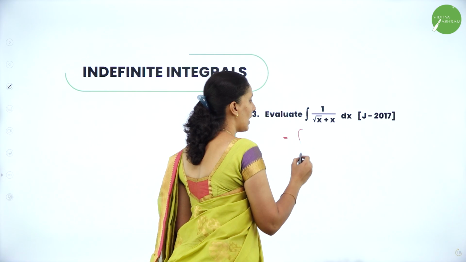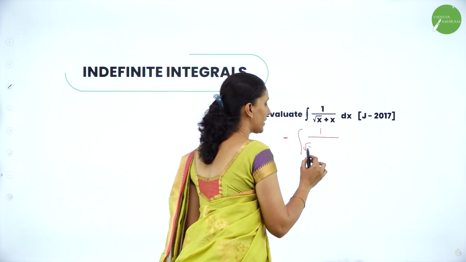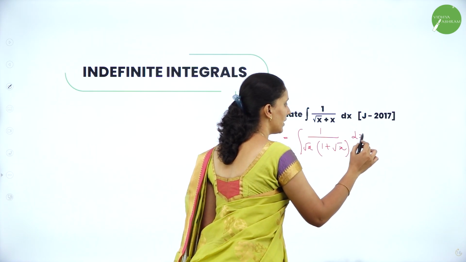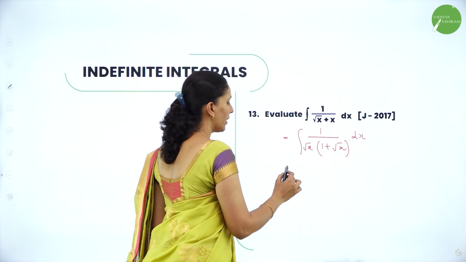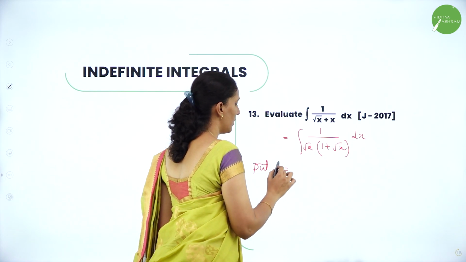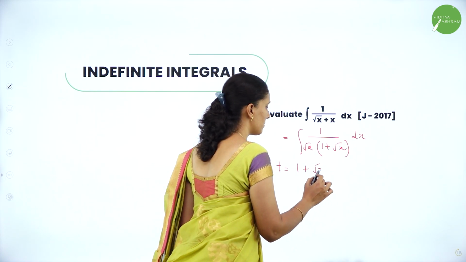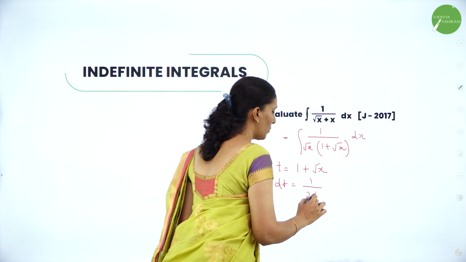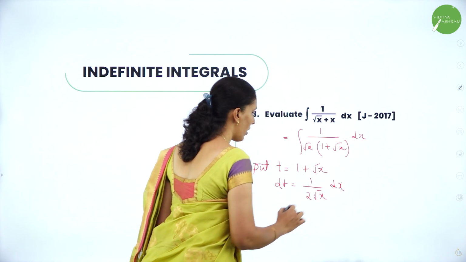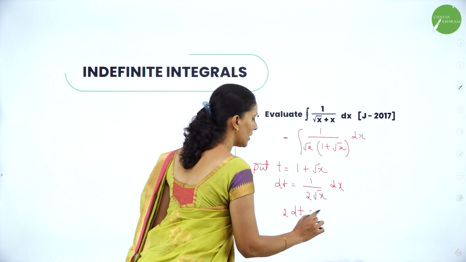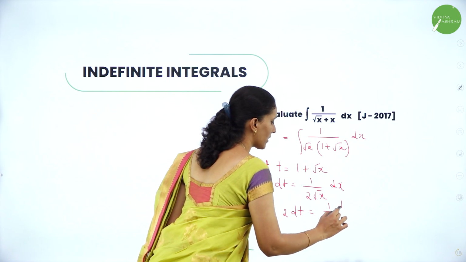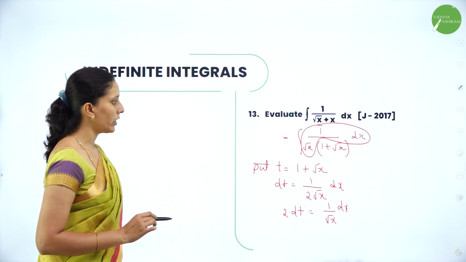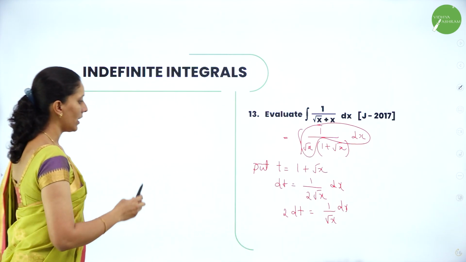Next we have evaluate 1 over root x plus x. So here I'll take root x common factor in the denominator, then I'll get this as 1 plus root x into dx. Now put t is equal to 1 plus root x. Then dt will be equal to 1 by 2 root x dx, or I can write 2 into dt is equal to 1 by root x dx. So 1 over root x into dx can be written as 2 into dt, and 1 plus root x can be written as t.